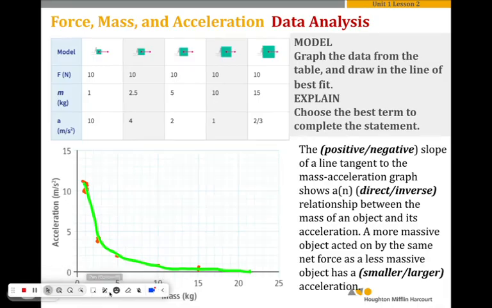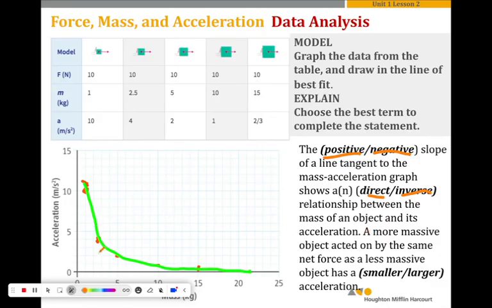So in this one, choose the word that goes in the blanks. The positive or negative slope of a line tangent to the mass acceleration graph shows a direct or an inverse relationship between the mass of an object and its acceleration.